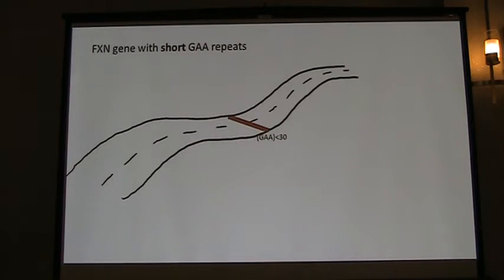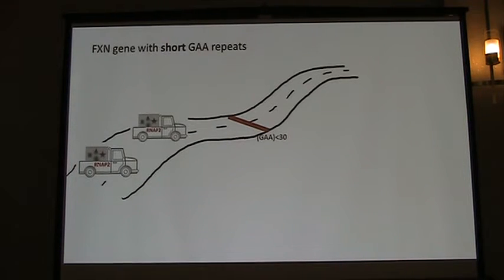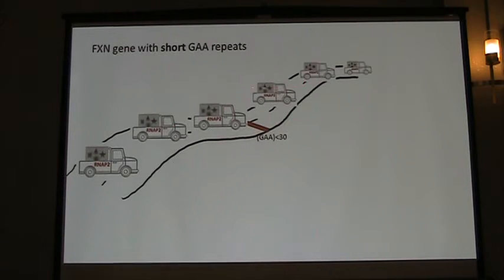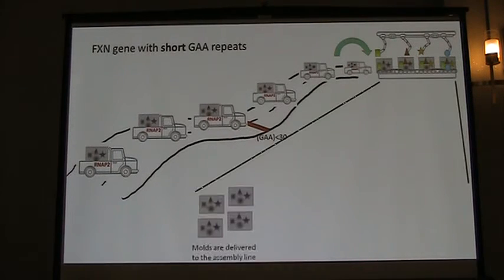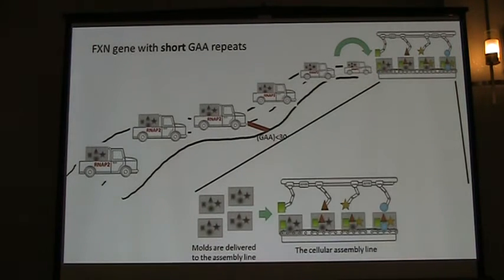So what happens when the number of GAA repeats is not long, it's short? The trucks can easily travel along the road, and they deliver their cargo, their template or mold, to the cell assembly line. A lot of the molds are delivered to the assembly lines, and the assembly line uses the mold to make the final product, the protein. So a lot of the protein is made.